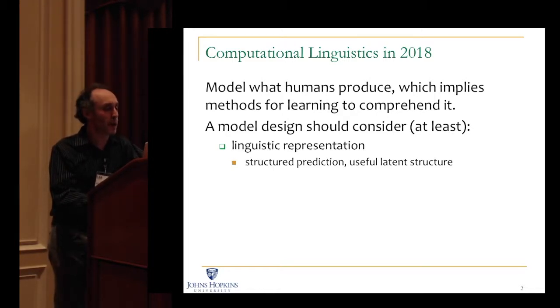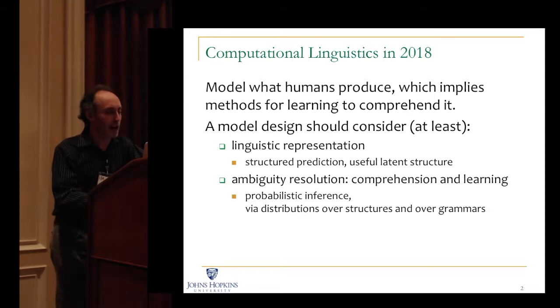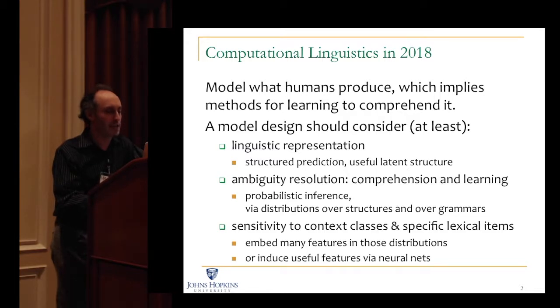But we also place probability distributions over those in order to allow comprehension and learning. And lately we've also been injecting neural nets to try to fit the data more closely. So Jacob talked about doing this for semantics, Chris talked about syntax, and I'll talk about phonology.